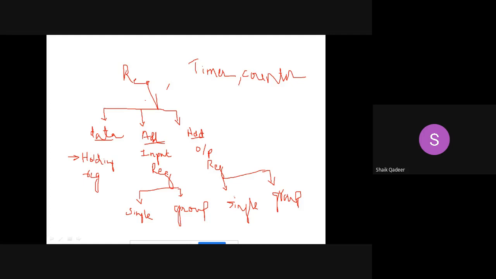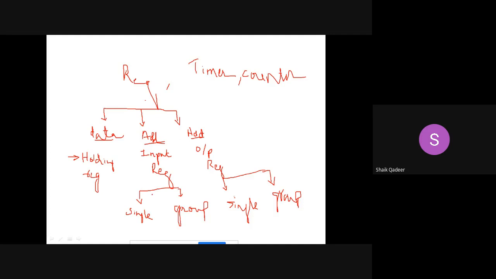Okay, can I proceed? Okay, already I have given information about this holding register.